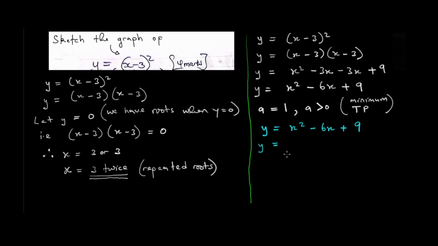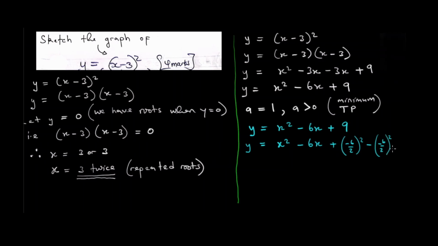So from step number 1 that we learned in completing the square, factoring out the coefficient of x squared, we go to step number 2, where we add and immediately subtract half of the coefficient of x, squared. So we have x squared minus 6x, we are adding minus 6 over 2 squared, immediately subtracting minus 6 over 2 squared, then plus 9 like that.